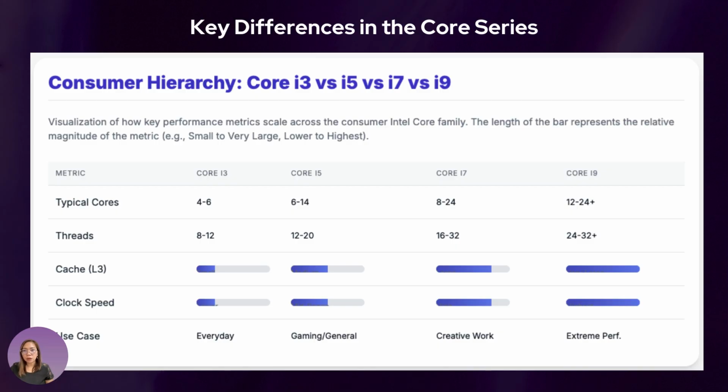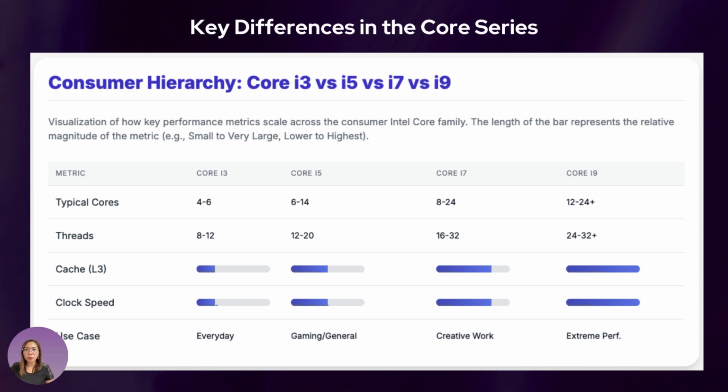Now, let's talk about the key differences of this Core series. So, on our visualization, we can see how these performance metrics range across each Intel Core family. The length of the bar represents the relative magnitude of the metric, from small to very large, or lowest to highest.